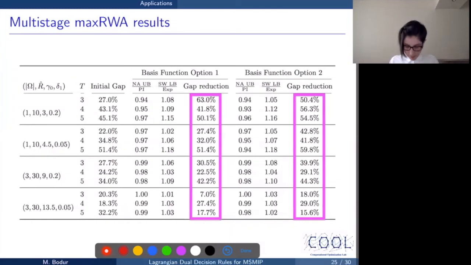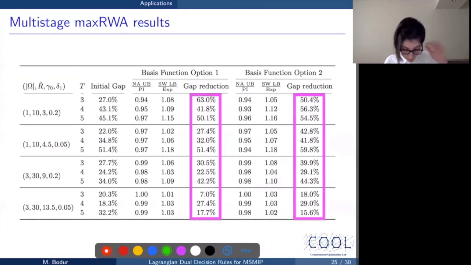Basically, it's the same gap reduction. If we had this initial gap between PI and expected upper bound heuristic values, how much of that existing gap were we able to close thanks to our Lagrangian-based dual decision rule bounding techniques as well as policies? We see that the gains could be up to 63%, which is quite significant in this highly difficult binary recourse, mixed integer program.